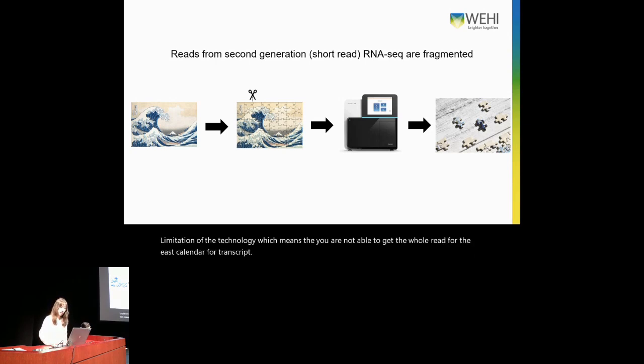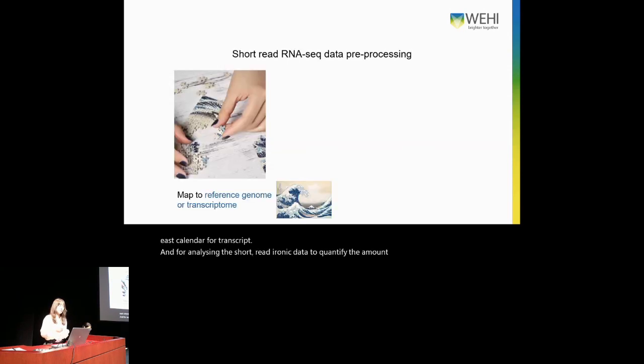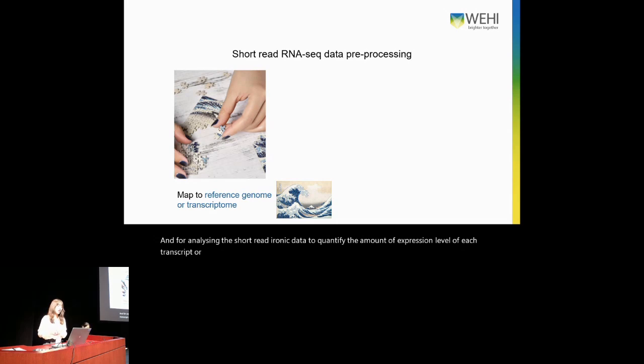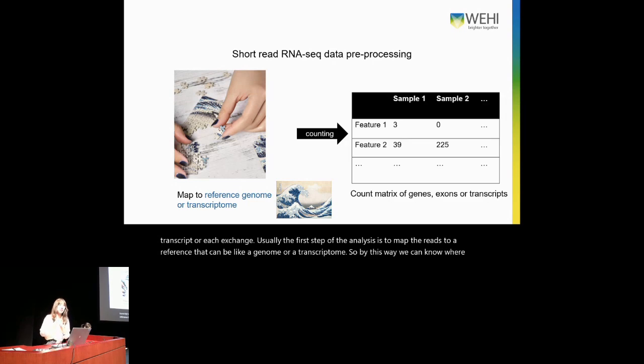And for analyzing short-read RNA-seq data to quantify the expression level of each transcript or each gene, usually the first step is to map the reads to a reference, like a genome or a transcriptome. This way, we can know where each read comes from.